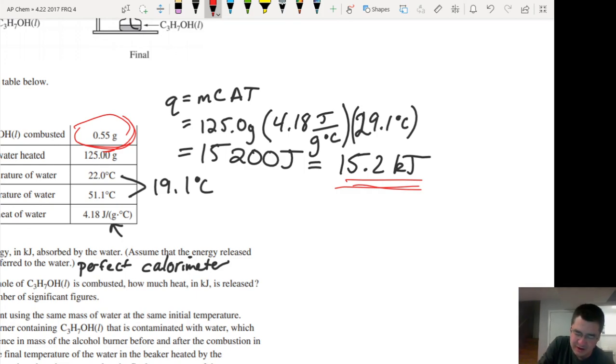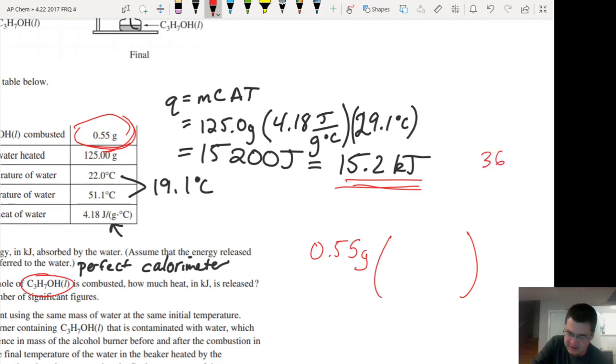I need to convert 0.55 grams to moles. What was the formula? C3 is 36, plus 8 hydrogens, which is 8, and 1 oxygen, so 16.